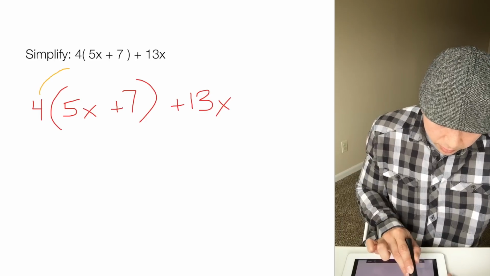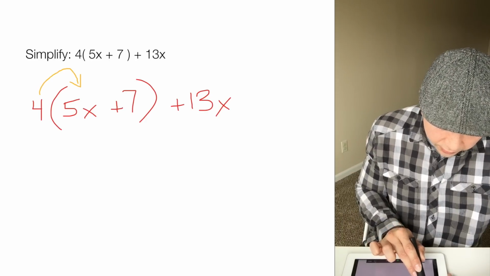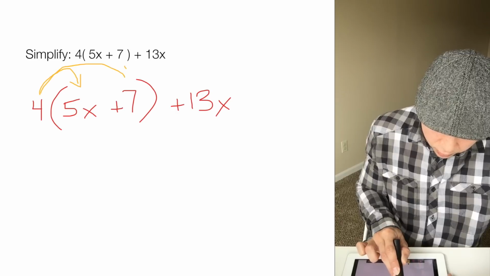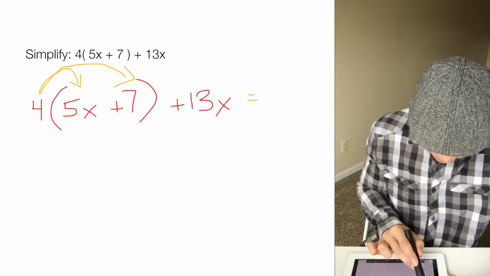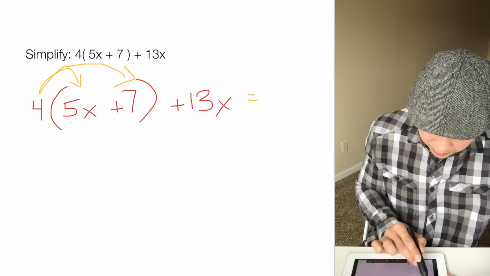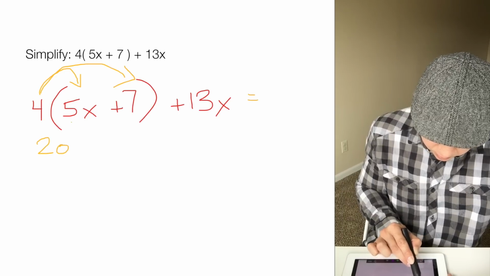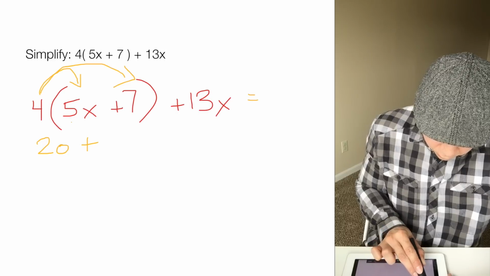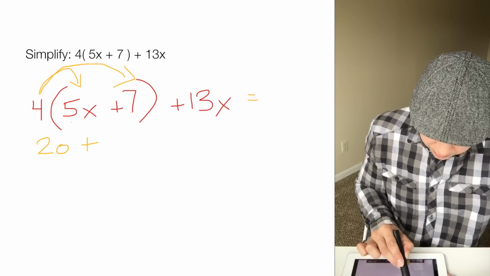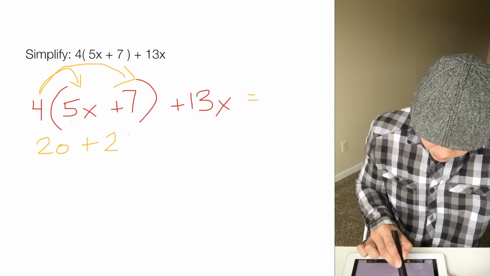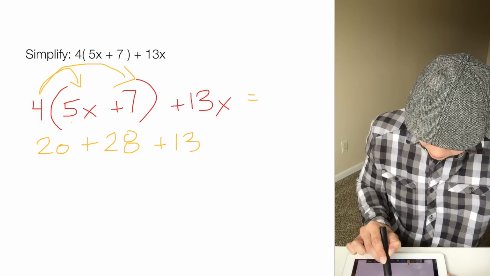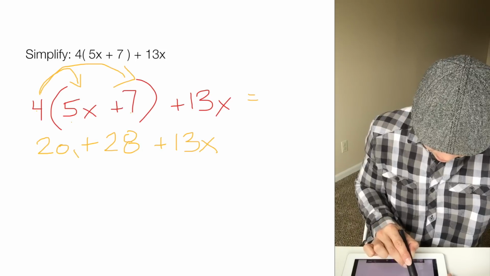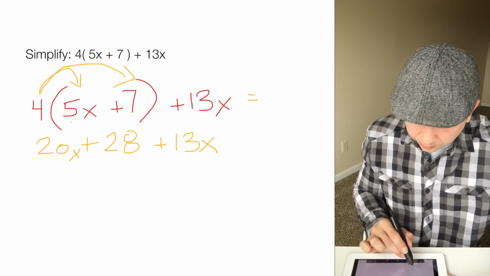So we're going to distribute 4 to 5x and distribute 4 to 7. So that gives us 4 times 5x is 20x plus 4 times 7 is 28 plus 13x.